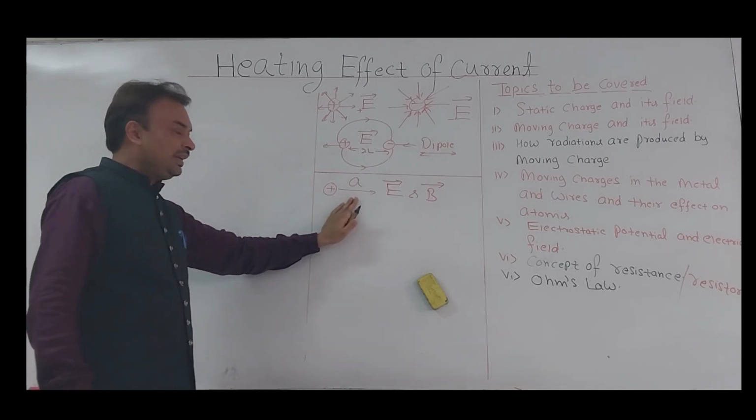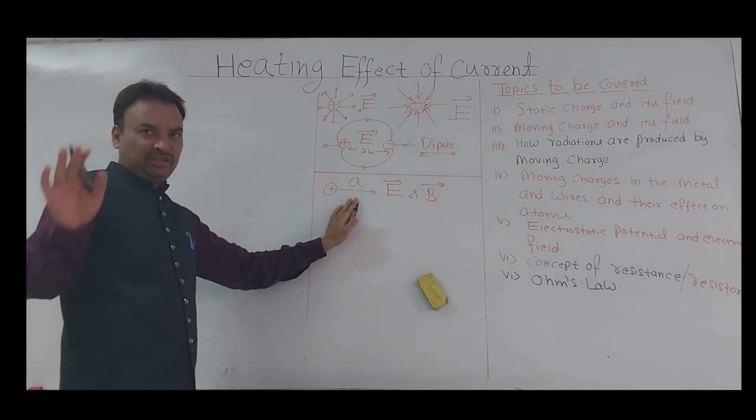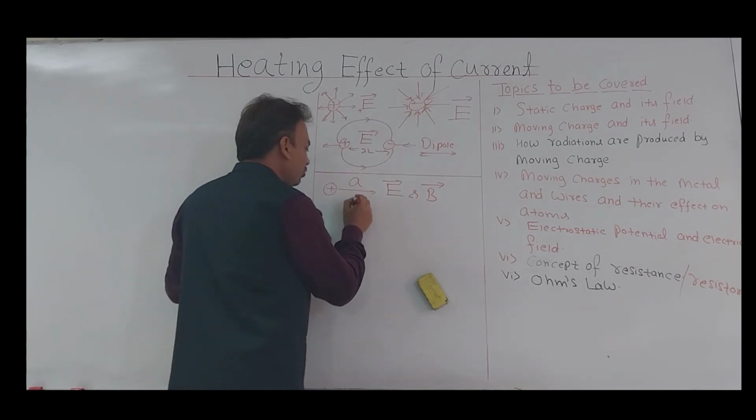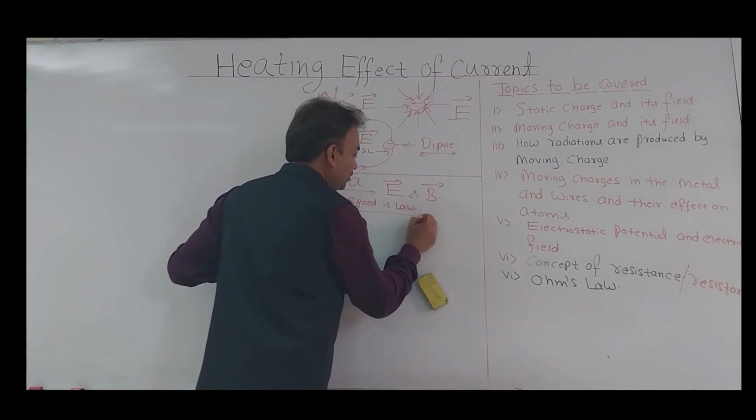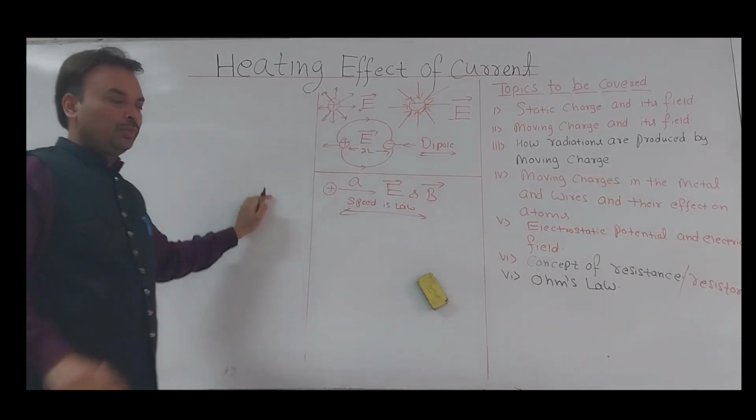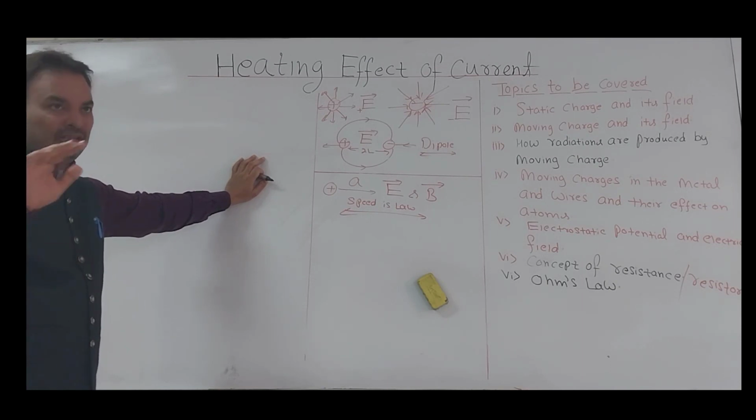But here the acceleration is there and the speed is low, right? Acceleration is small, speed is low, so we have the electric field and the magnetic field.